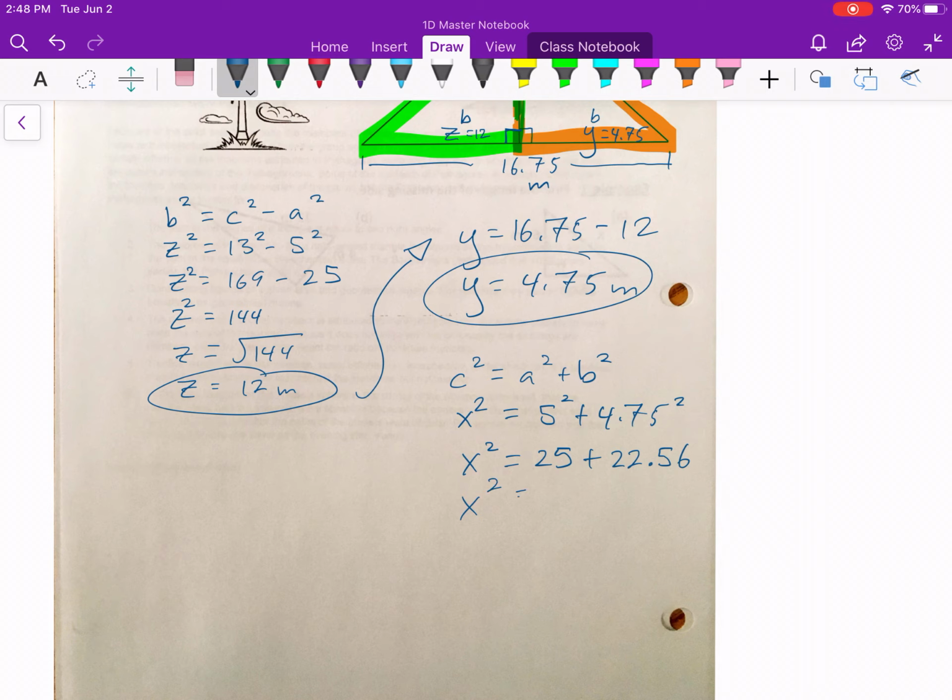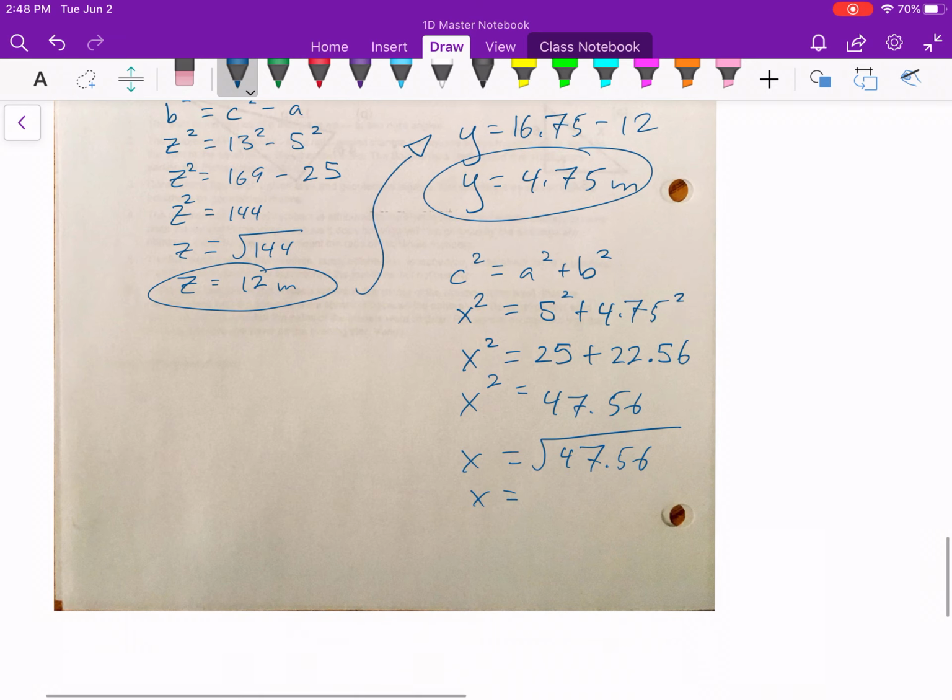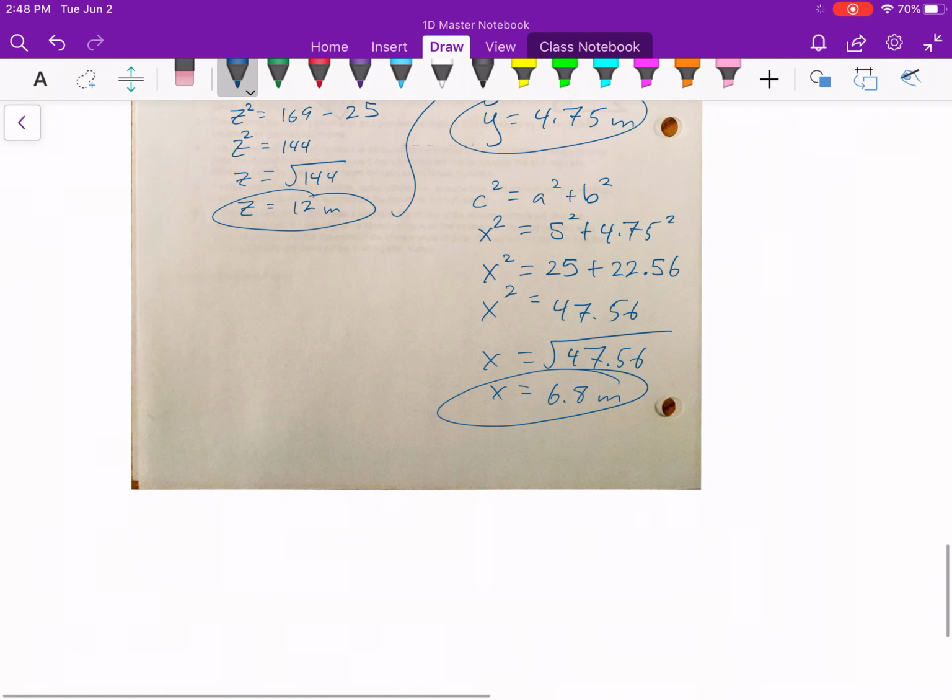Add them together. I get 47.56. Take the square root of each side. And it turns out that x equals approximately 6.8 meters. So then, being a word problem, we write a sentence answer, right? The other wire is 6.8 meters long.